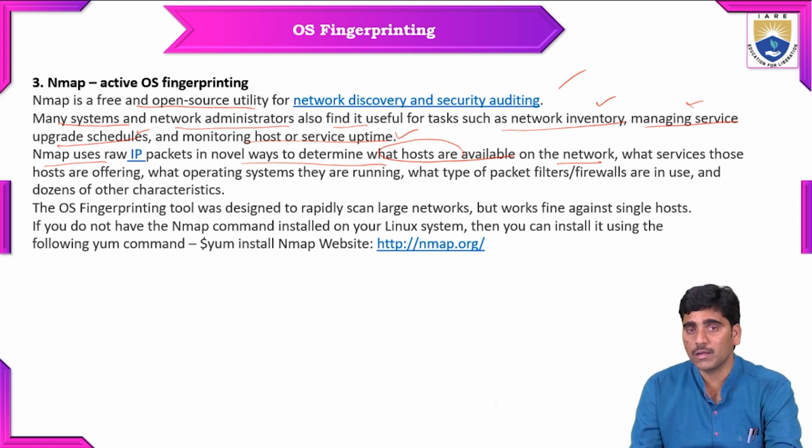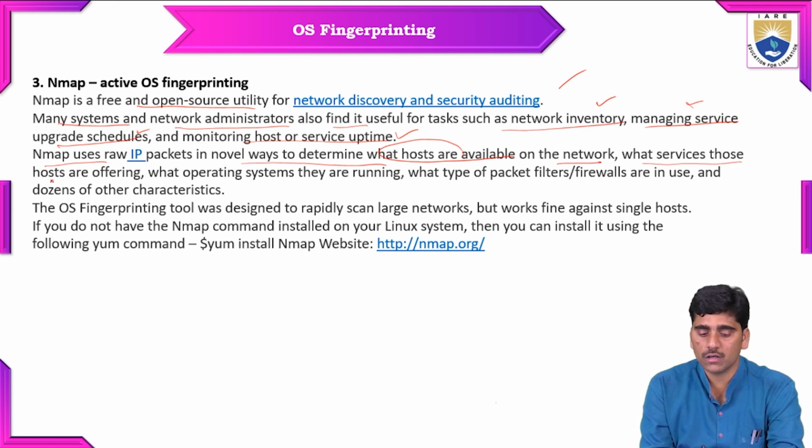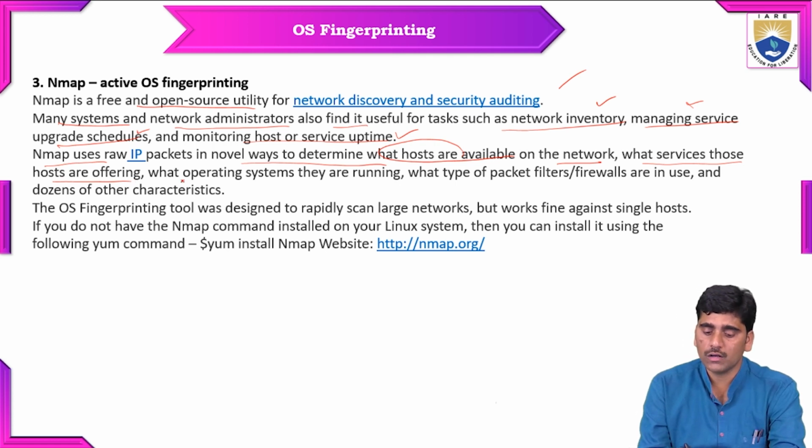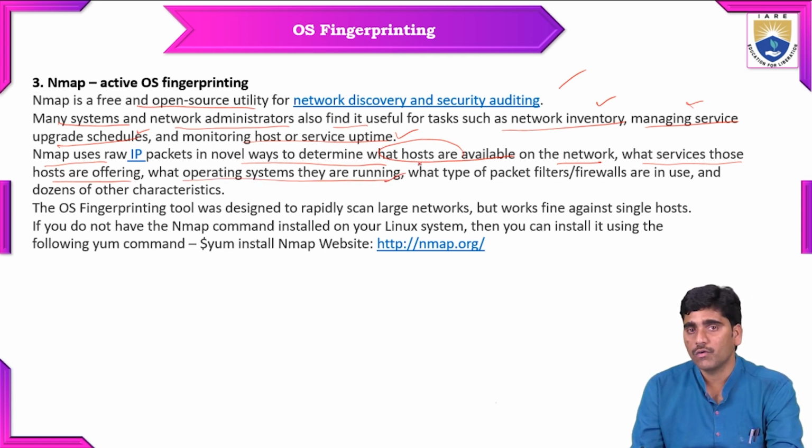That is, what type of computers are available, whether local or remote, what services those hosts are offering, what operating system they are running, the port numbers, and types of packet filters. Everything is displayed with the help of this Nmap tool.